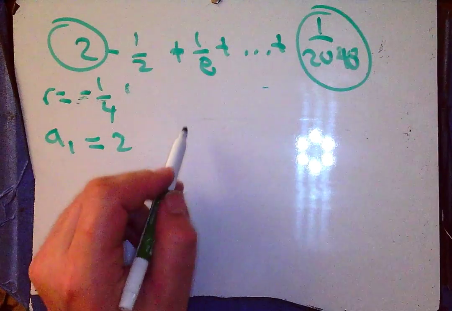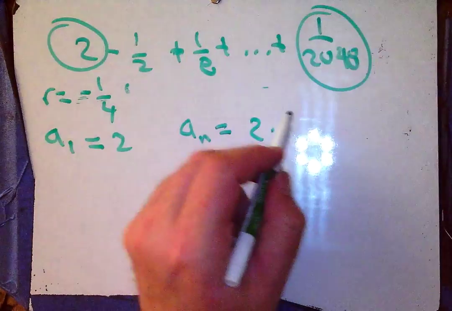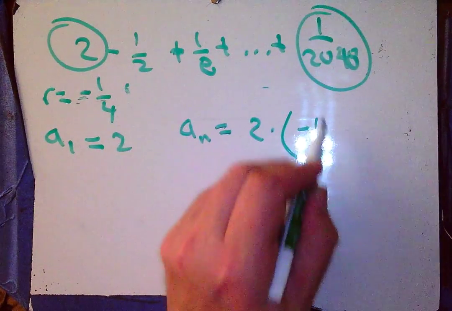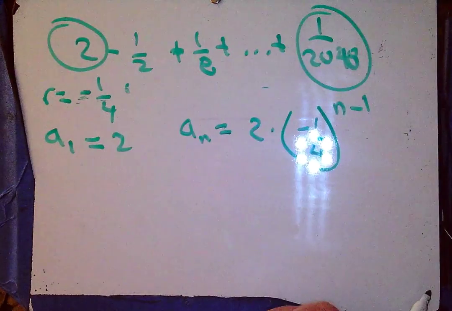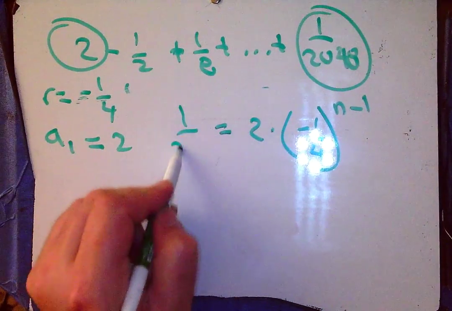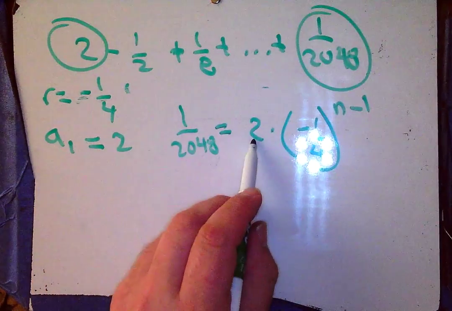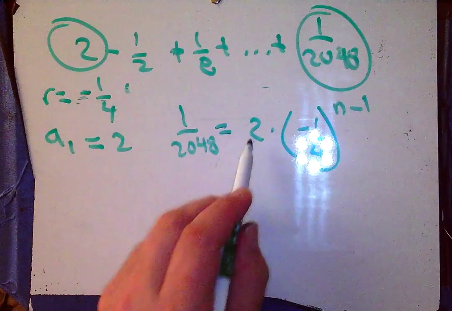So I'm going to build the rule. a sub n equals 2 times negative 1/4 to the n minus 1. And I'm going to set this rule equal to 1 over 2048. So first, let's divide both sides by 2.